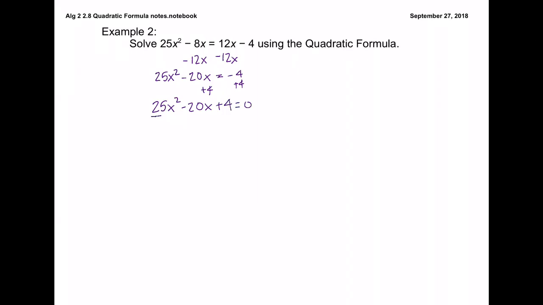We then know that 25 is our a, negative 20 is our b, and positive 4 is our c. So the quadratic formula is x equals negative b plus or minus the square root of b squared minus 4ac all over 2a.